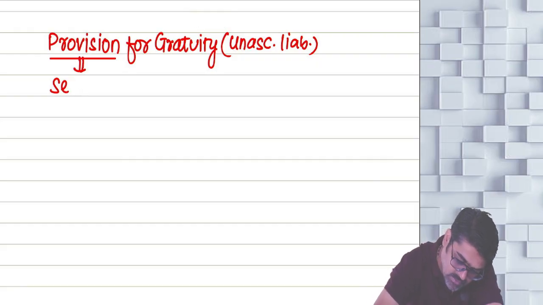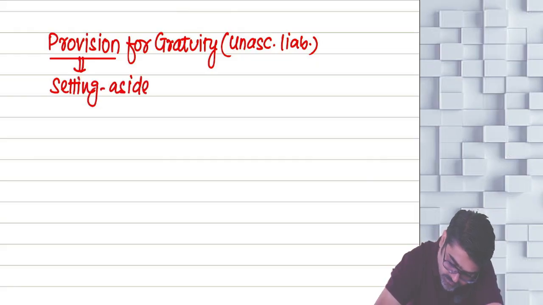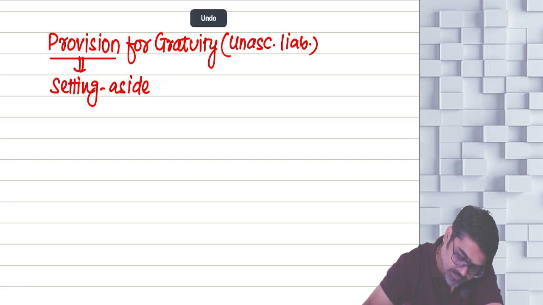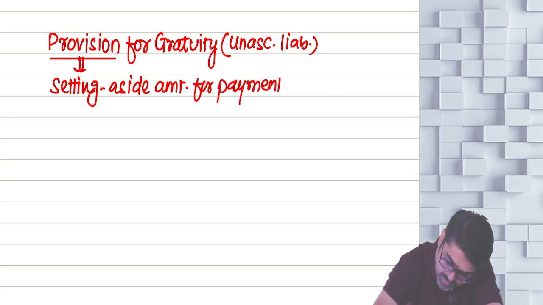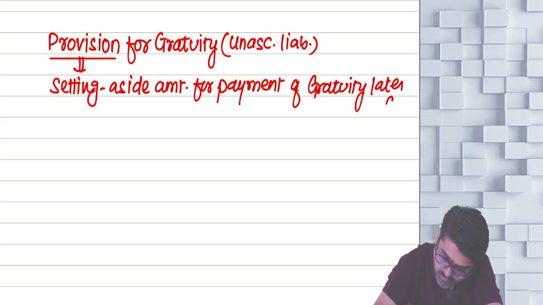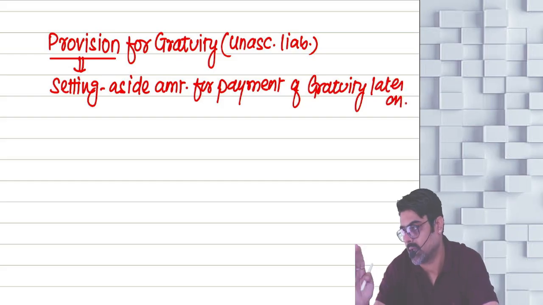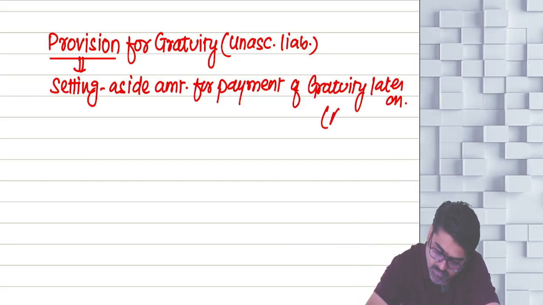I will be setting aside funds, setting aside some amount for payment of what? Gratuity later on. So gratuity later on, at that time it will be an ascertained liability.